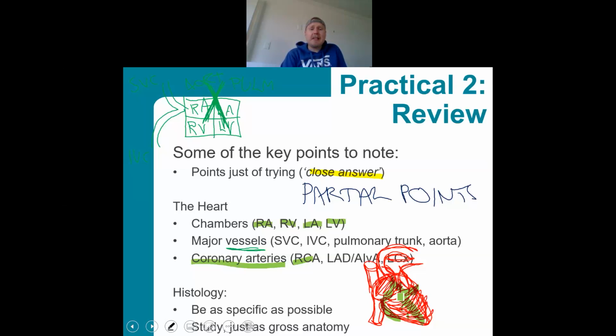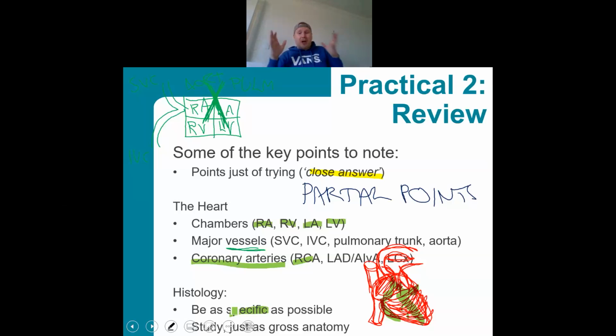In terms of the histology, I really encourage you to try to be as specific as you can. A lot of the time, partial points are available, but if you are super specific, you can actually get extra points on those. So just try to give as much detail as you can. Histology is covered in the practical exams just as gross anatomy.